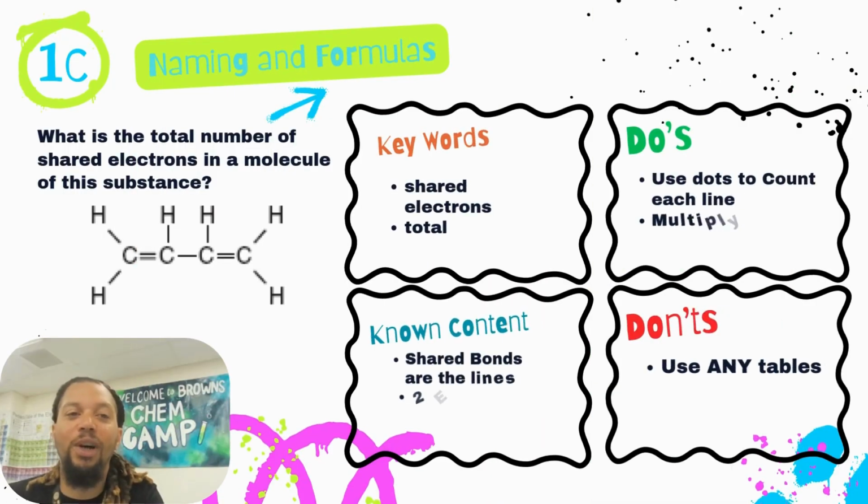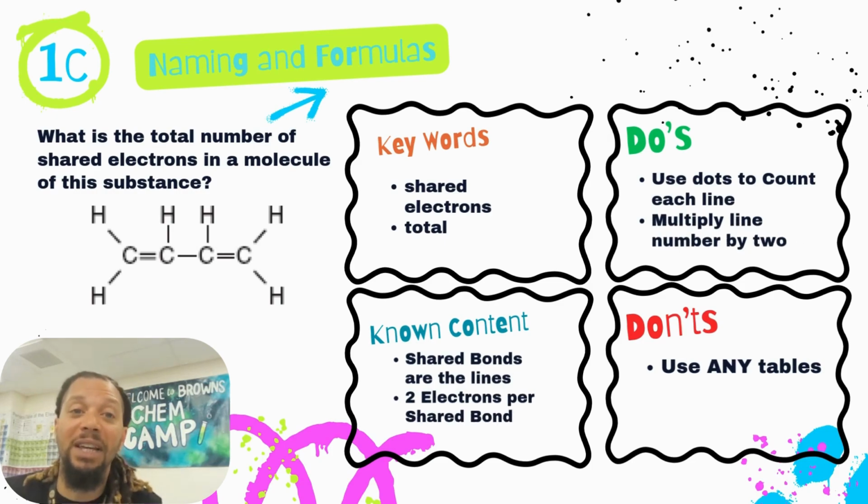In our next and final question in the naming and formulas category, what is the total number of shared electrons in a molecule of this substance? Keywords: shared electrons and total. Another keyword could be molecule as well, because we're talking about the entire molecule.